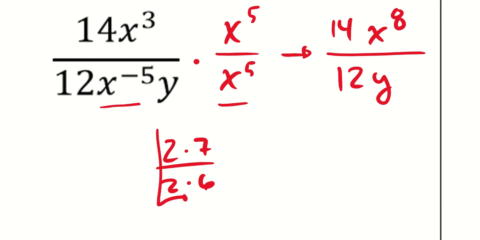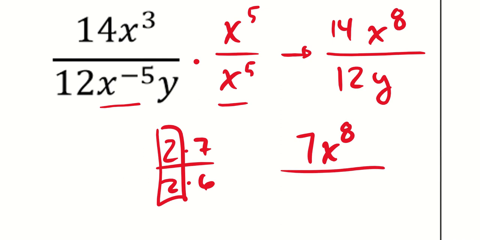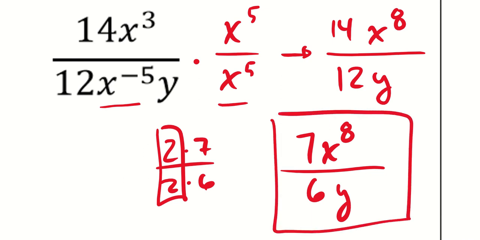So I need to eliminate that common factor of 2. So the answer that I would write down is 7 times x to the 8th power over 6 times a single factor of y, 6 times y. So this is the answer for part B.